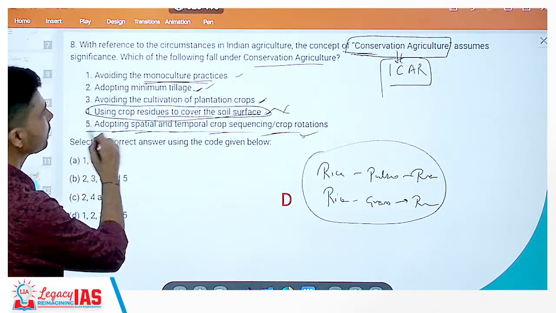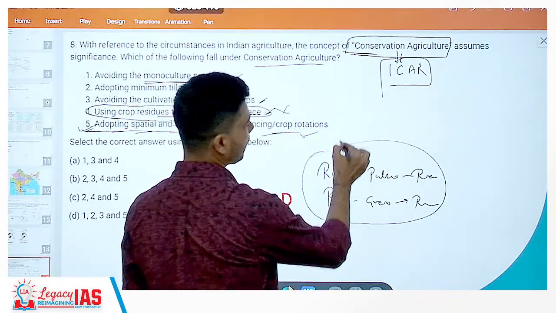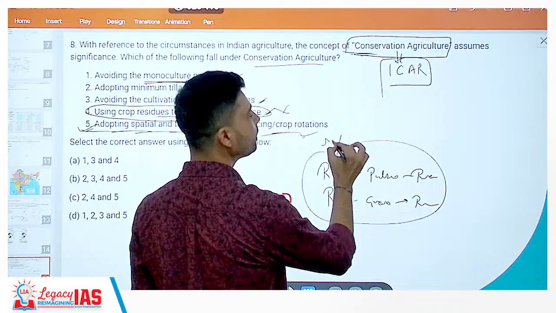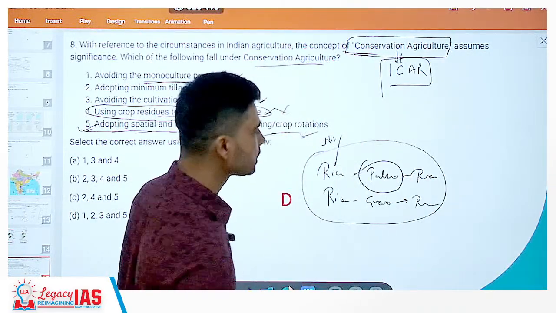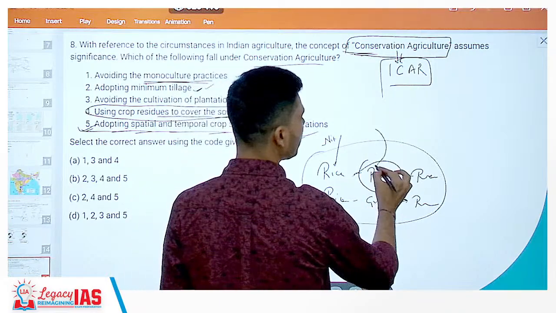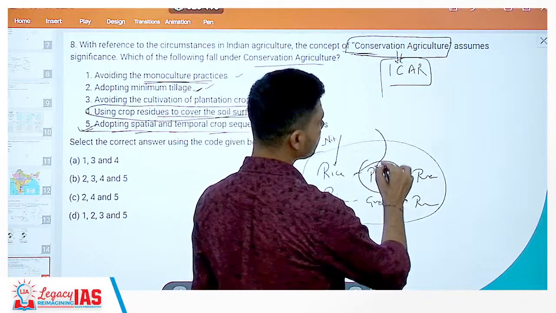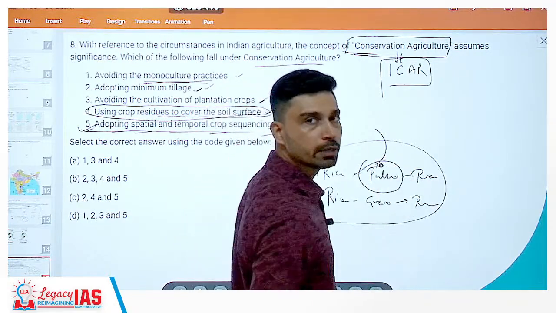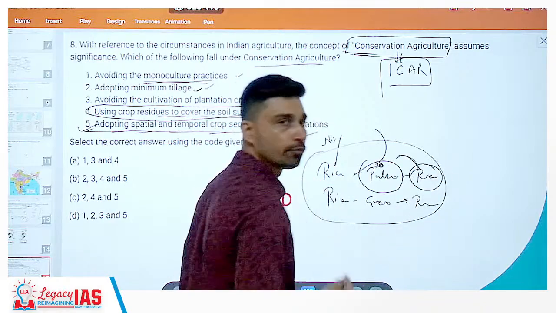That also helps in conservation of the soil nutrients, because rice absorbs the nitrogen from the soil. But when you next season cultivate pulses, pulses fix the nitrogen with the help of the bacteria living in their roots. So they take up the nitrogen from the atmosphere and bring it back to the soil. And next season the rice will again have a sufficient amount of nitrogen for its growth.